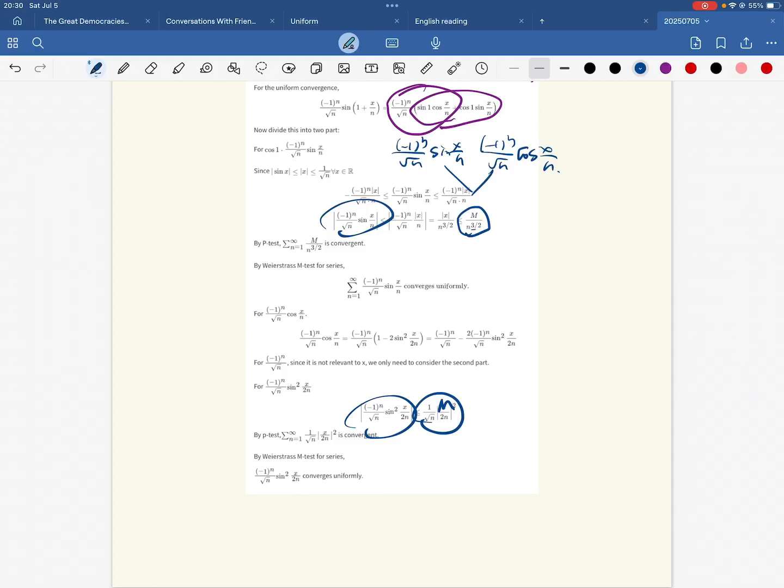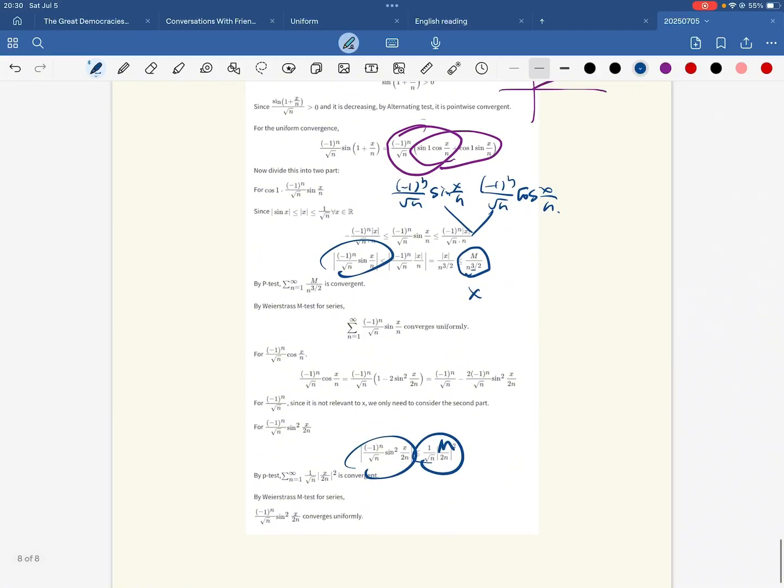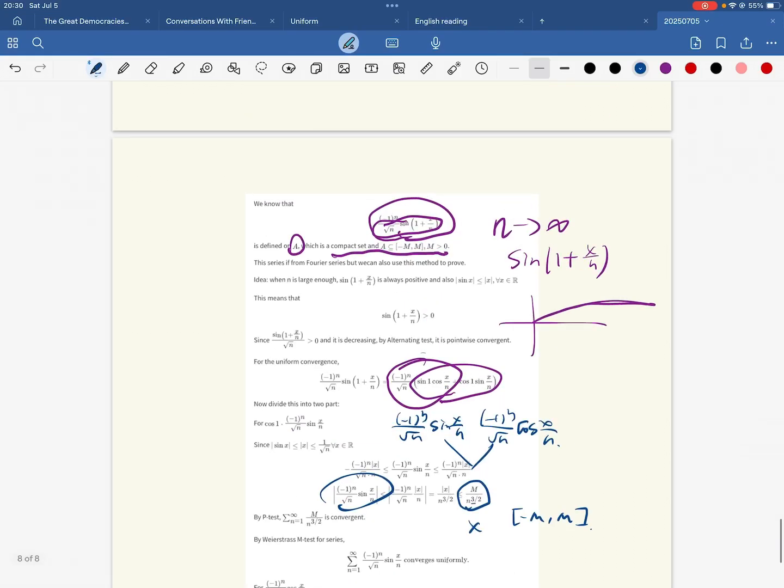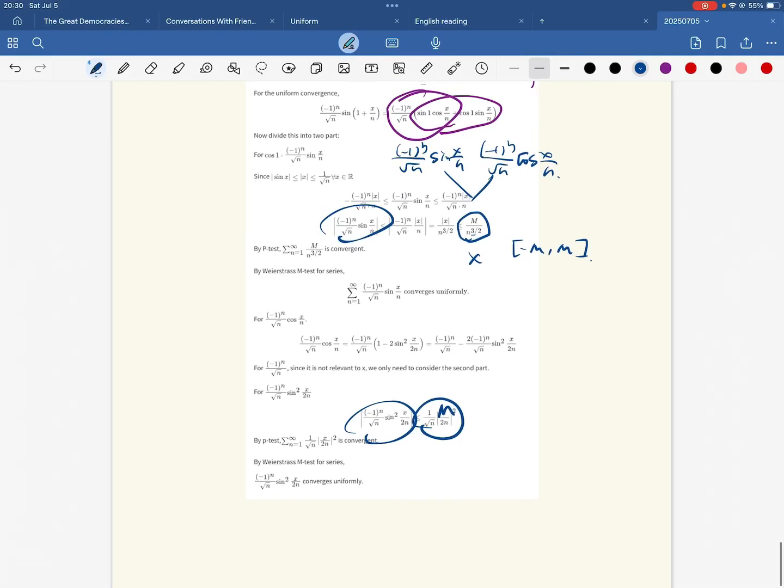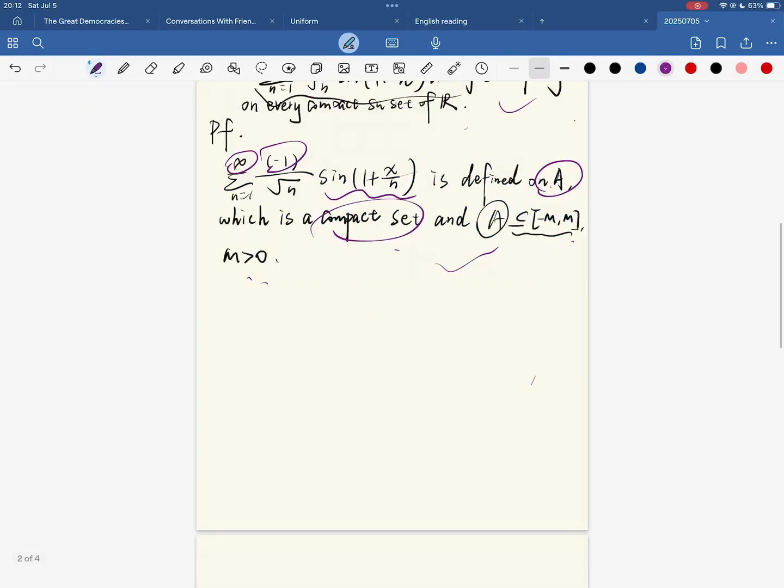Since x is continuous on a compact set, it must attain its maximum. And since it's defined on this by our assumption, this must be less than or equal to this. Then we have found an upper bound of the absolute value of the series, and we finish our proof.